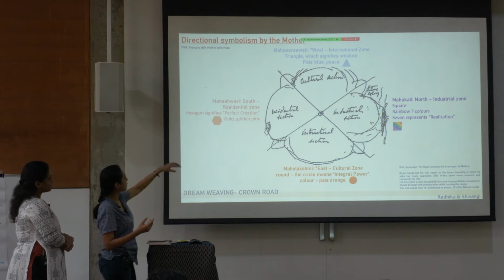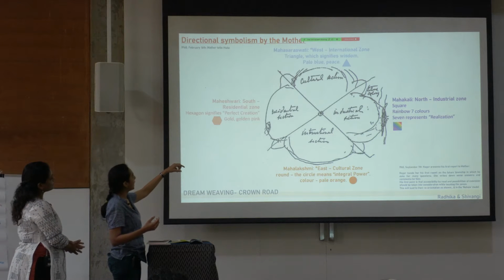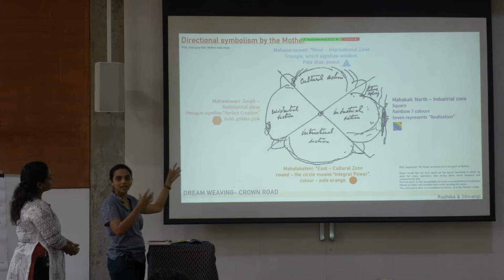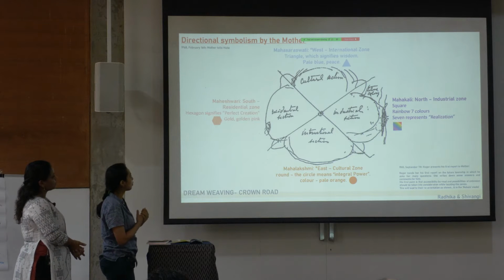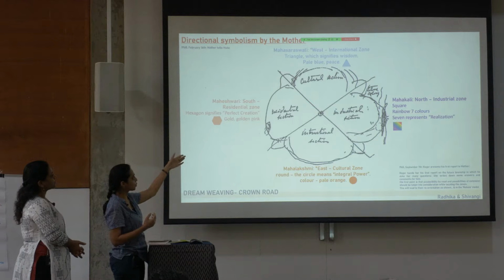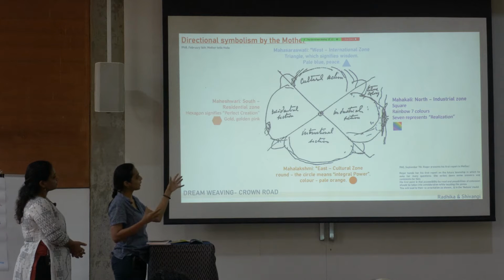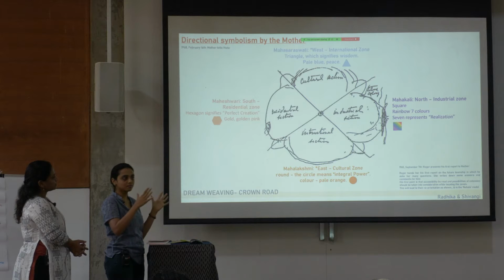So that's how the industrial zone became north, and Mother has given directional symbolism and also shape symbolism to these zones. In the north, we have the Mahakali industrial zone, which is a square, and the color is the 7 colors of the rainbow, where 7 represents realization.